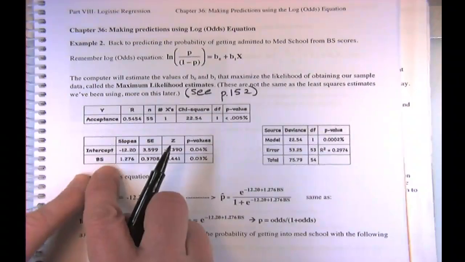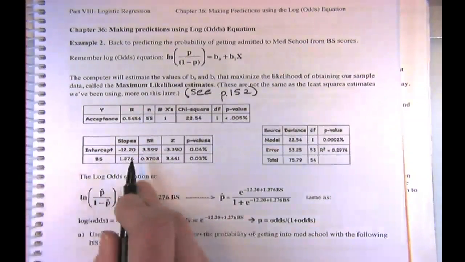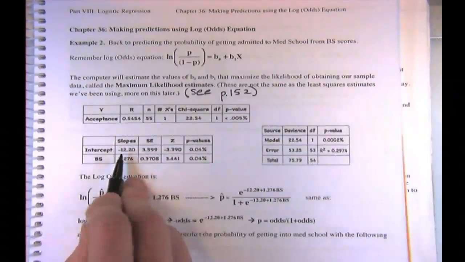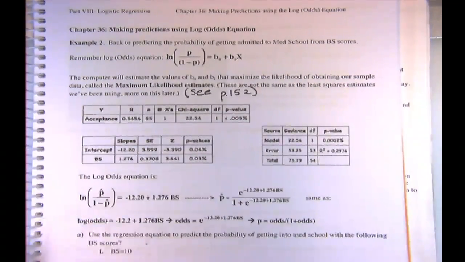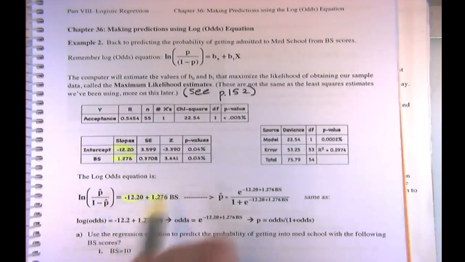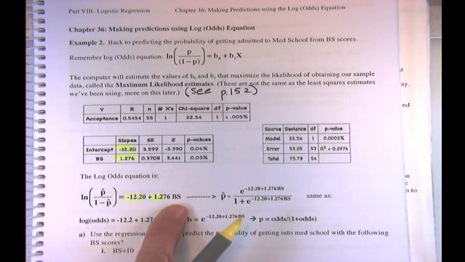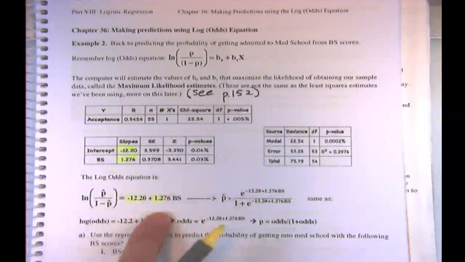So now, when we do the logistic regression, here's our equation, the log odds equation. We're just looking right here. Here's our intercept right there, and there's our slope right there. And it's in the log odds as y, and our biological score is our x. So this is what's given to you.